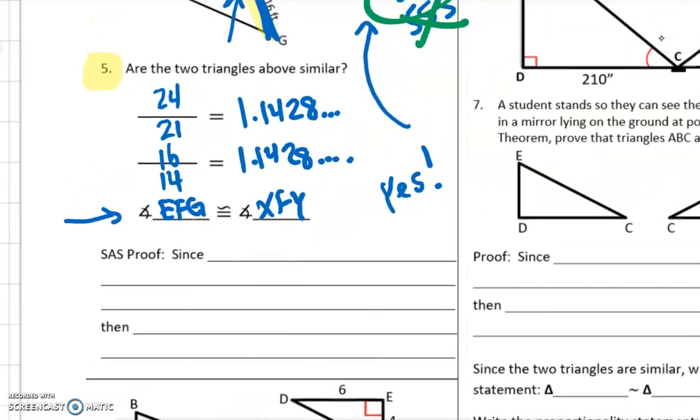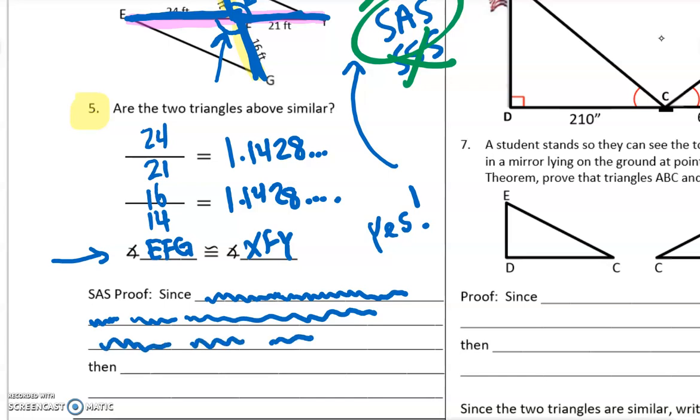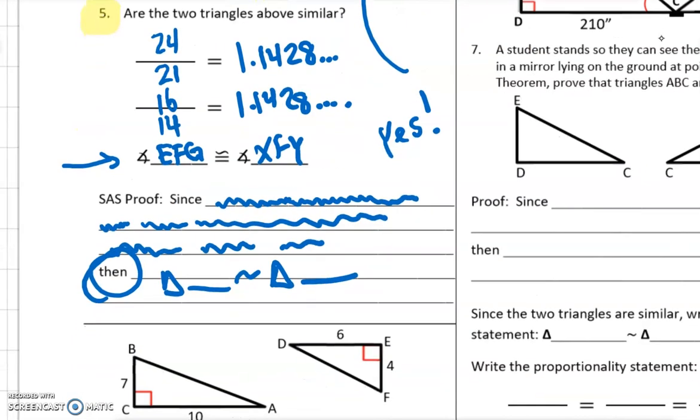And then the last part, side angle side proof. So we need to say, since two pairs of corresponding sides in each triangle are in the same ratio to another pair of corresponding sides in those same two triangles, and the angle that is in between them is congruent, then these two triangles, you're going to name your triangles, triangle blank, similarity statements, and then you can say why they are similar.